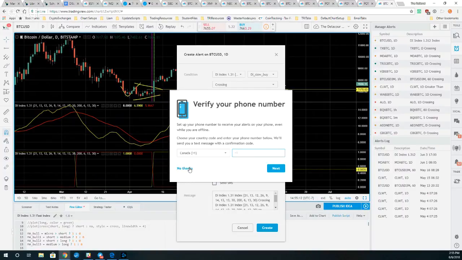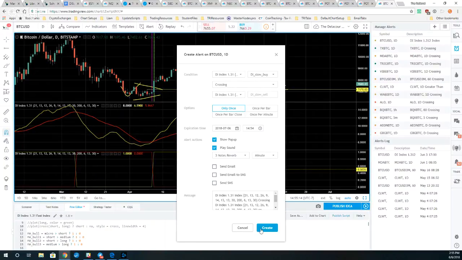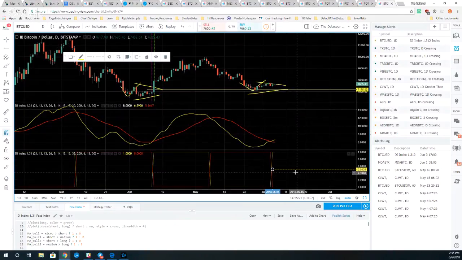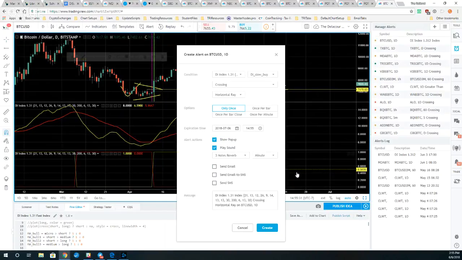Yeah, that's what I did, and I receive the message, and in the message we have numbers, and basically the numbers are just parameters for the indicators. Well, it's going to be the message moving averages, yeah. It's just going to be a numerical representation of whatever this all is. So here you can see condition DI index 3.1.